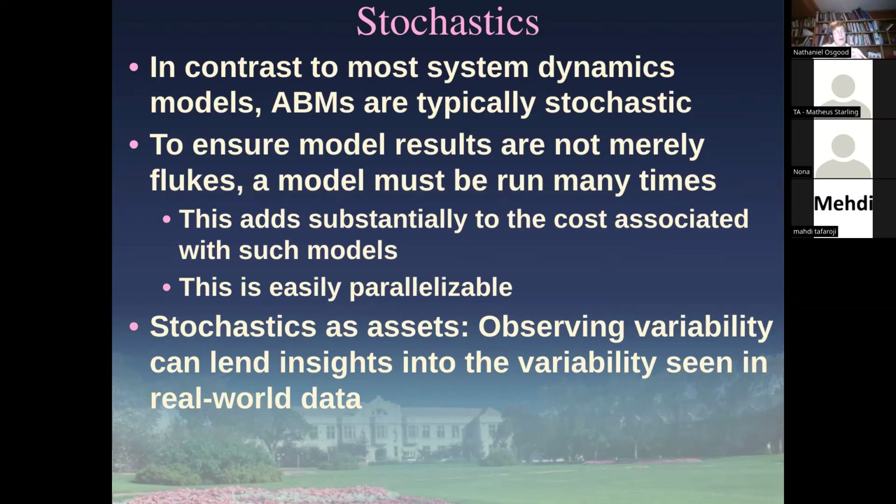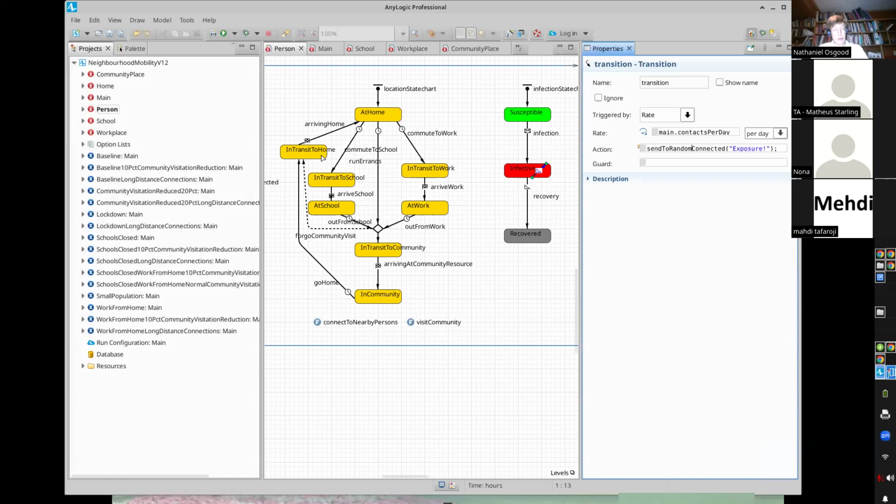But to do that requires a certain degree of computational fortitude, because you have to run the model many times to get generalizable results, to make sure the results on a given run of a scenario are not merely flukes, that they are capturing patterns, regularities that are reliable. It requires you run the model not just once, but a number of times.